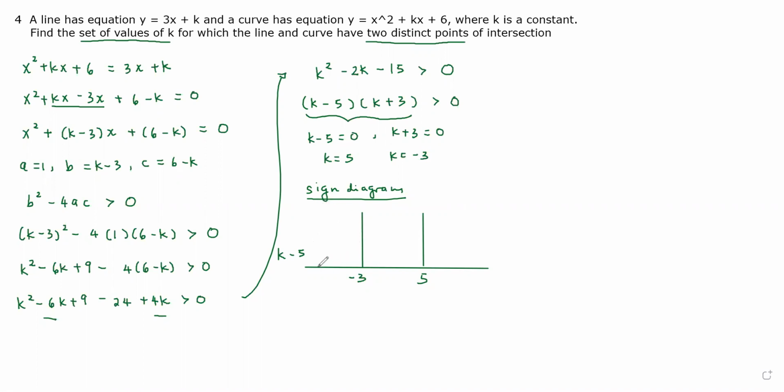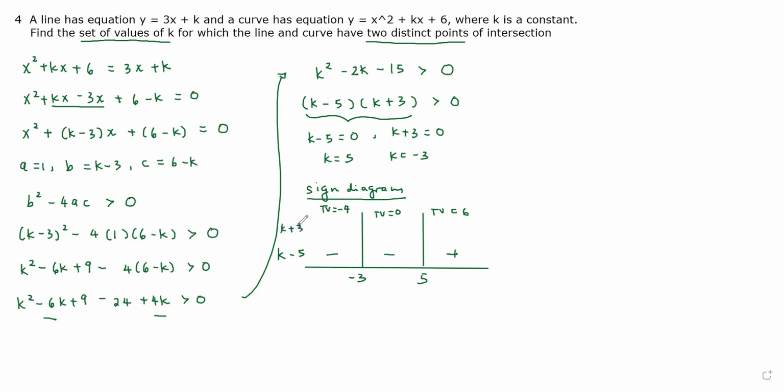You can use a test value less than negative 3, such as negative 4. On the middle interval, you can use the test value of 0, and you can use the test value of 6. When you sub negative 4 into k, you have a negative value, so you have a negative sign. When you sub 0 into k, you have negative, and when you sub 6 into k, you have positive.